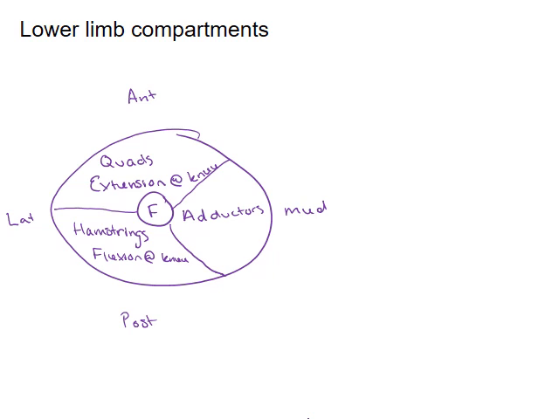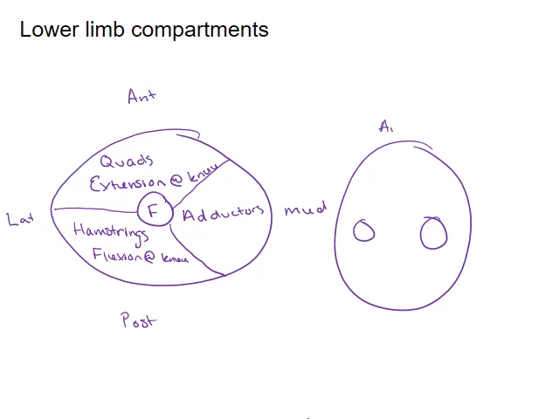Moving down to the leg then, we're going to have 2 bones. We're still going to have anterior, posterior, medial, and lateral. The more lateral bone of our leg is going to be the fibula. The more medial bone is going to be the tibia.